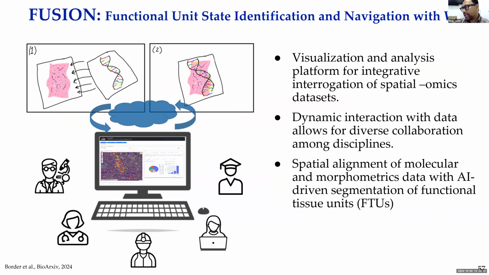In this view of the tool you can see the histology and its overlay with different functional tissue units, and it shows a map of the cells. You can see a demo of the tool, and it can be accessed via this link.